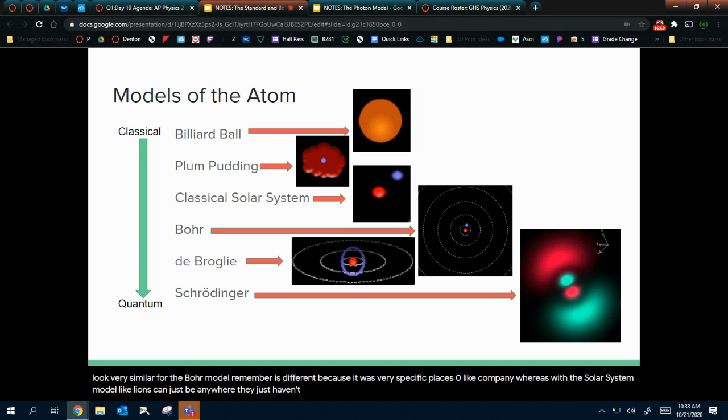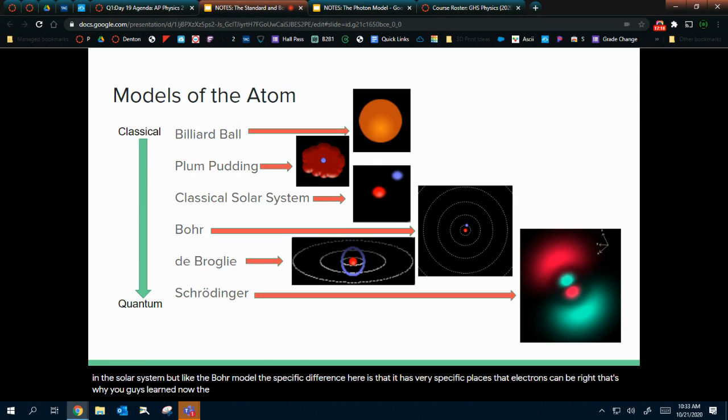They just happen to be where they are because of how they formed. But the specific difference with the Bohr model is that it has very specific places that electrons can be, right? That's why you learned it.